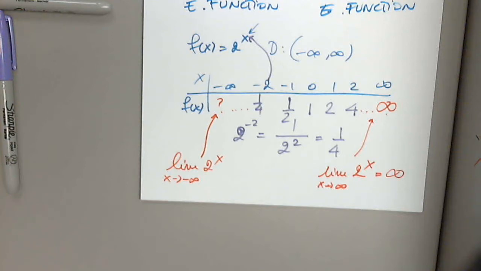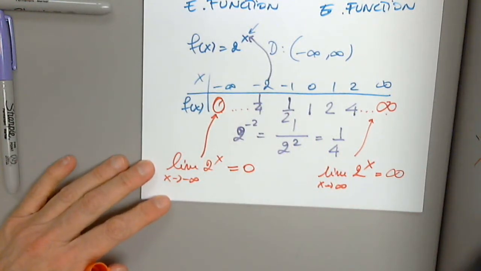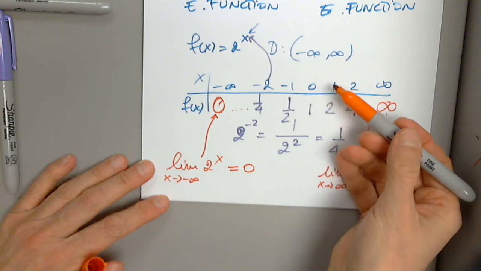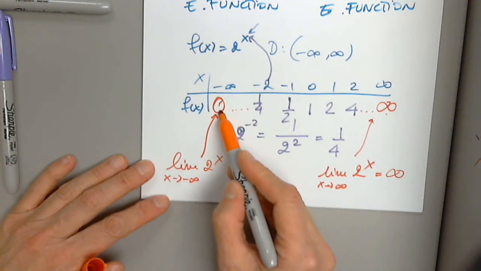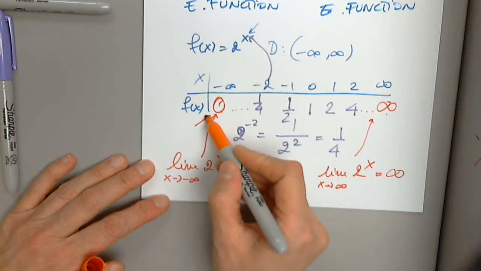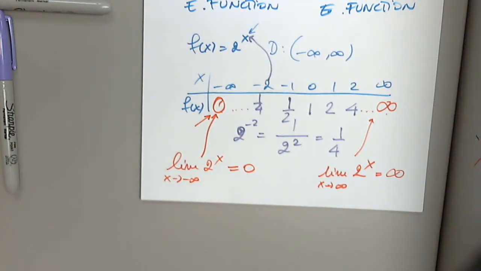Nothing. So that's why this is 0, because it's 1 over infinity. Now we know something about this. When x approaches negative infinity or positive infinity and the function values approach a number, this is called a horizontal asymptote.